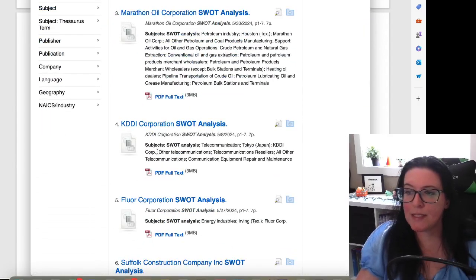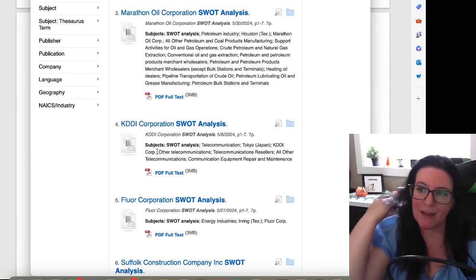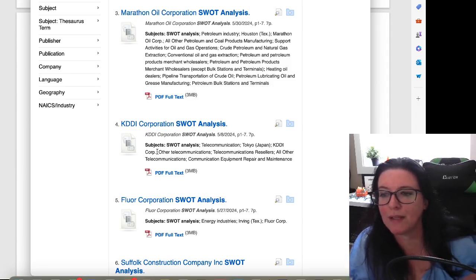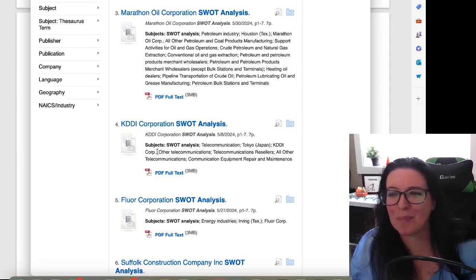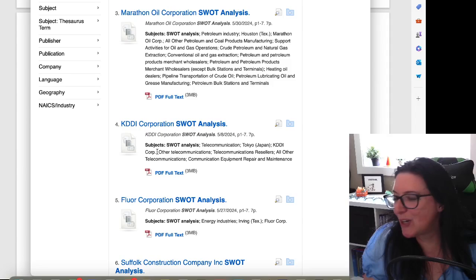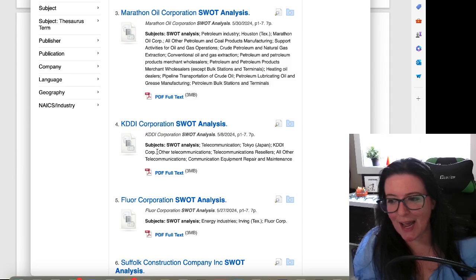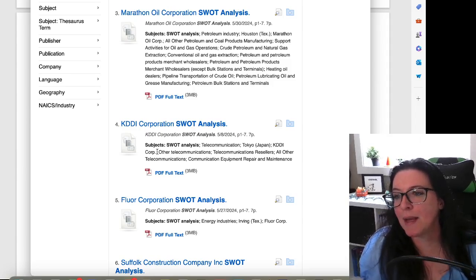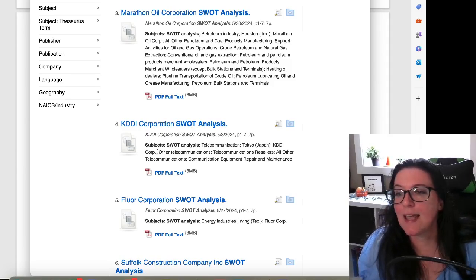And so what we see is that others have analyzed what is impacting these big companies, typically because they're publicly traded. And so as an investor, you might want to know how well they are performing. So you can go into databases like Business Source Complete, which you can access through academic institutions, or you can pay for your own subscription to get that information.